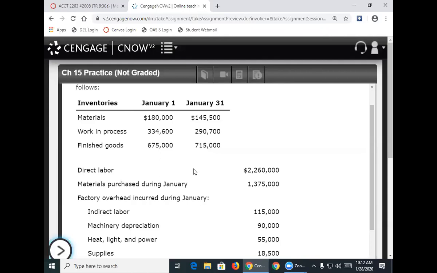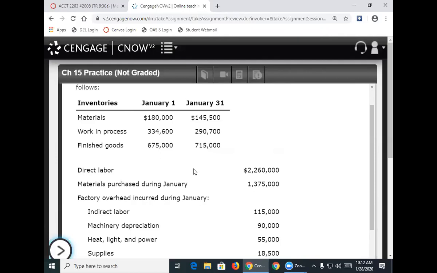So I just subtract: 1,555,000 minus the ending gives me what was used. We're just balancing that T account. That cost is direct materials used, so I'm going to put that into work in process. So we're done with materials.